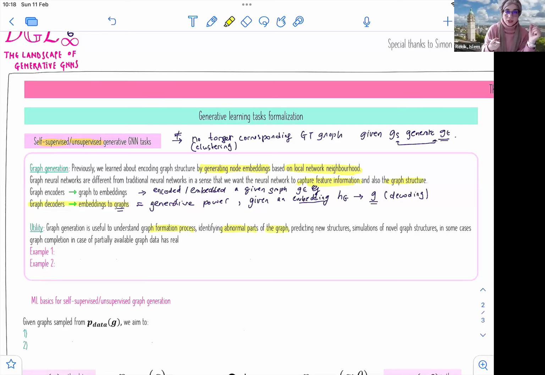You can identify certain vulnerabilities in the network or even in the code if you're mapping the code onto a graph. So there are so many applications that you can do. Predicting new structures, if you're, for example, using drug data, you can try to learn or predict a new structure of a drug that is able to treat a particular disease.